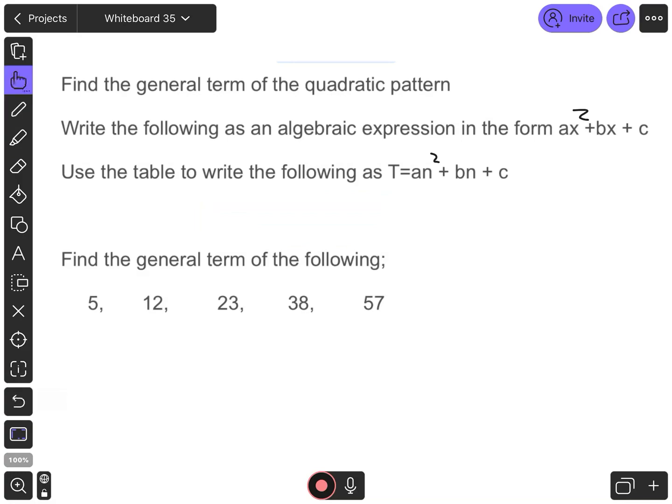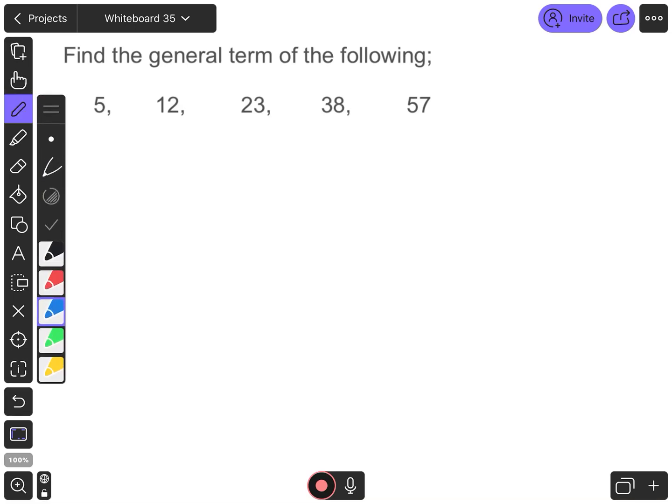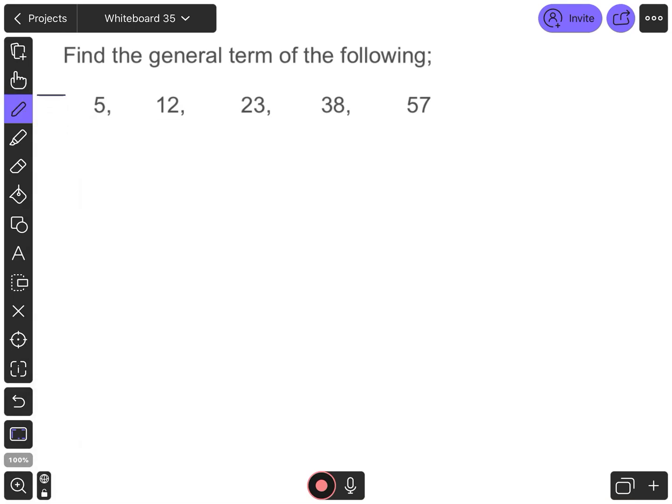I'll show you what I mean by doing this question. Here we have find the general term of the following. You did see this in Junior Cert before, so it should be something you recognize. I need to write this in the form Tn equals an squared plus bn plus c.